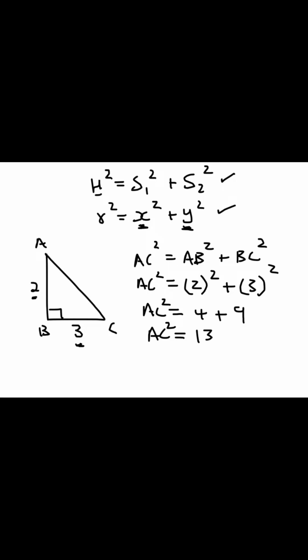So now you need to remove that squared. You will always put a square root. On your calculator there should be a square root, where you will know that now that squared has been removed. You see that AC squared, that 2 at the top has been removed, and then you just remain with square root of 13. If you punch square root of 13 and it gives you square root of 13, then you just leave it as it is. You don't need to write it as a decimal.